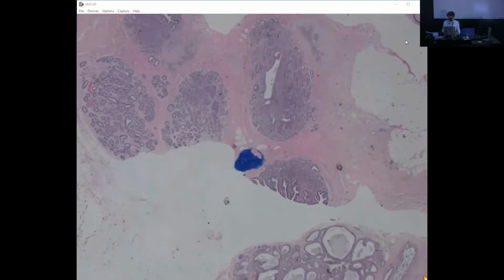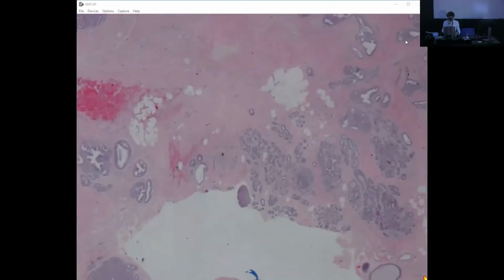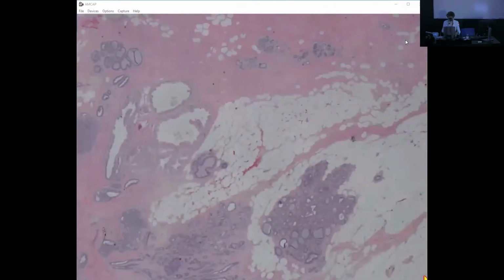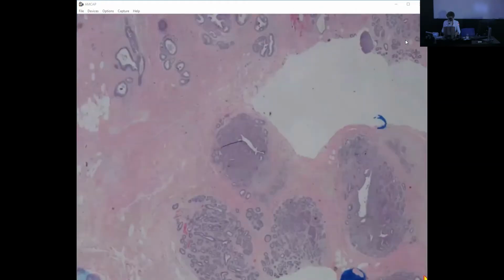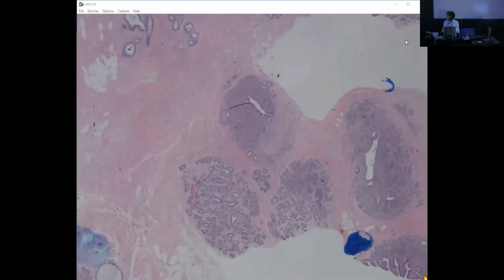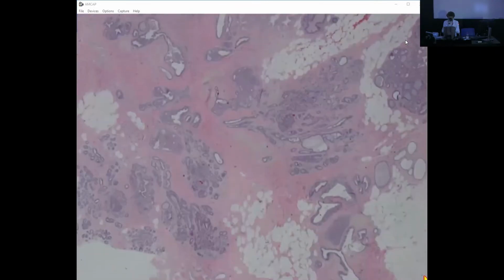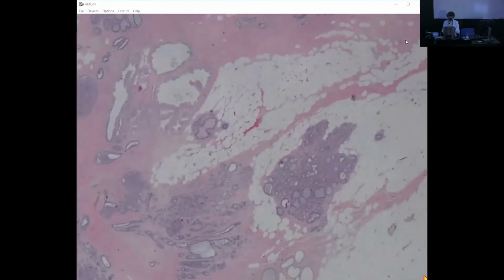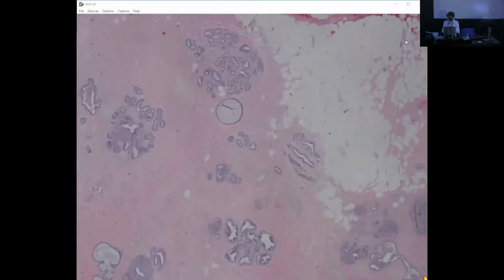Here is another case. Anyone want to describe it? There is a background of what? It looks like adenosis. Dr. Collins showed a very similar case yesterday, with all these big expanded areas of adenosis here and there.